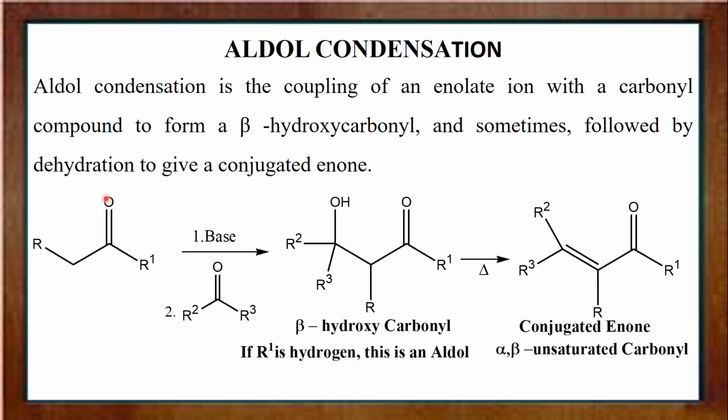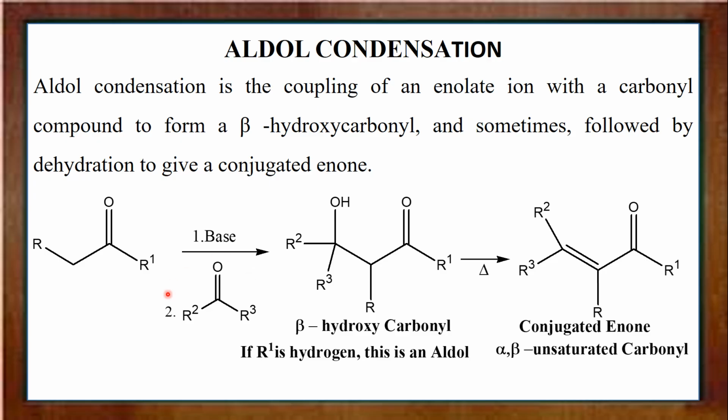This enolate ion reacts with another carbonyl compound, which may be an aldehyde or ketone. The carbanion attacks the carbonyl compound, therefore it makes a bond here, and the pi bond between carbon and oxygen will break to give O minus, which will take up a proton from the solvent to form this OH.